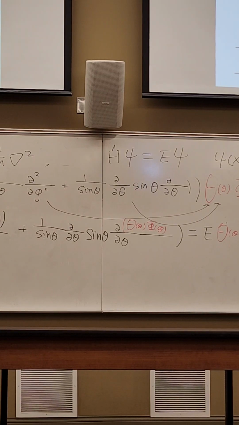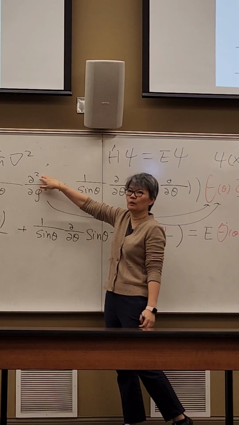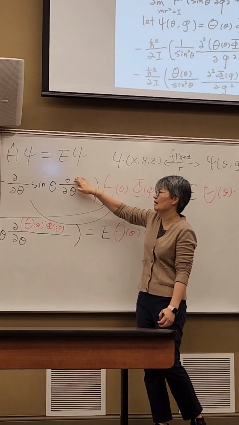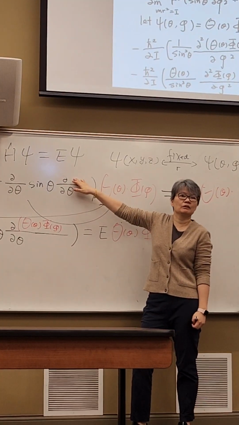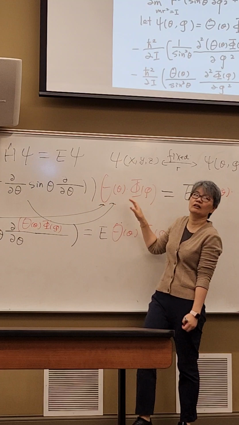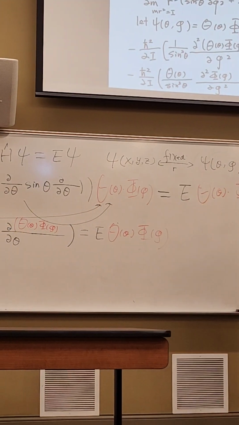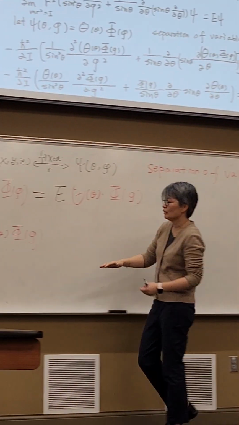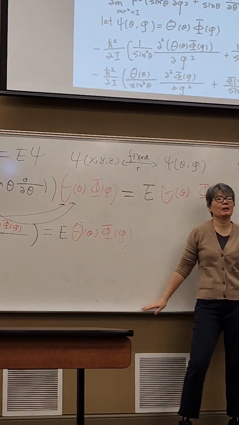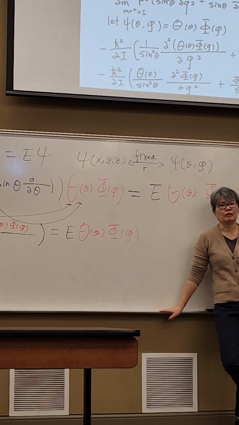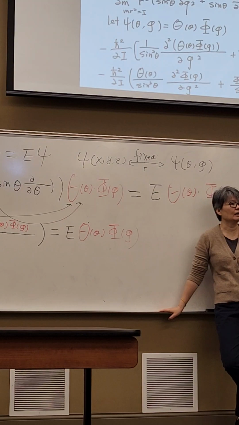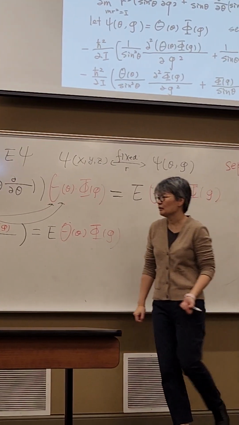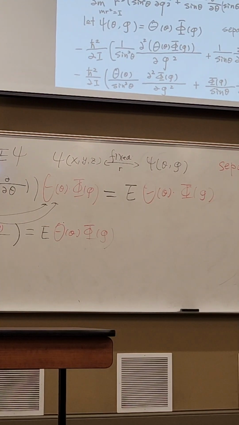Now I try the separation of variables. There's a second order derivative onto the wave function. Then I have this first order derivative with respect to theta onto the wave function. And the wave function is a product of two functions that each only depend on one variable. Is that all clear? Okay, now I'm going slowly because I really want you guys to enjoy the beauty of this. Okay, now what can we do?